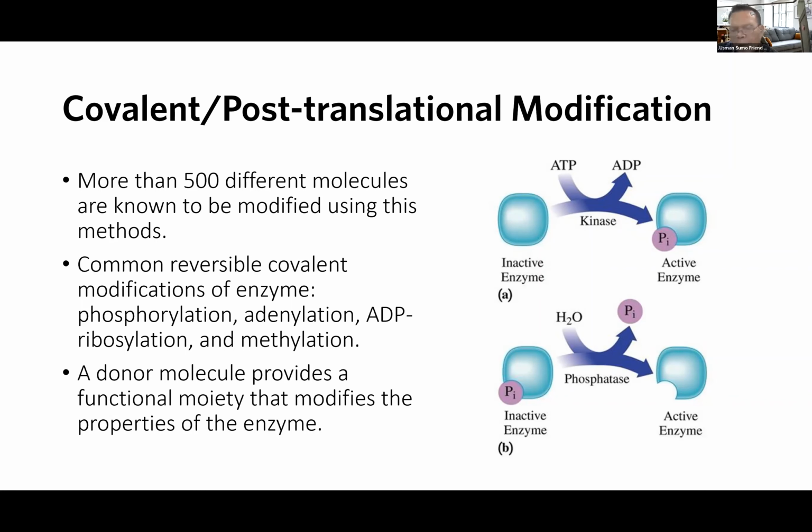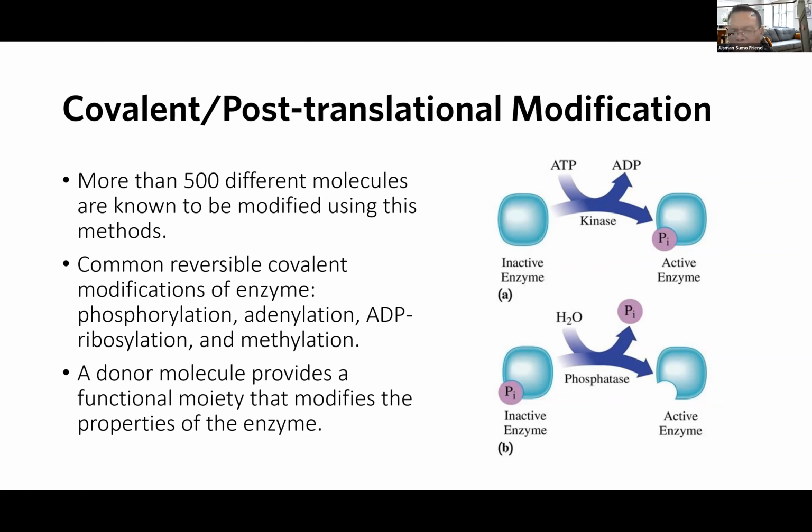Let us see the two figures in this slide. This is the upper side. The upper side is an inactive enzyme. In this case, there is a phosphorylation using ATP. So the inactive enzyme will convert to an active enzyme after phosphorylation, catalyzed by the enzyme kinase.